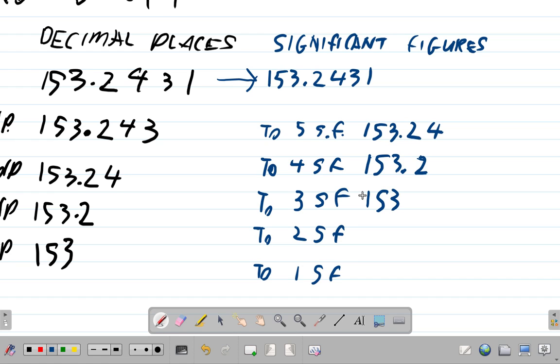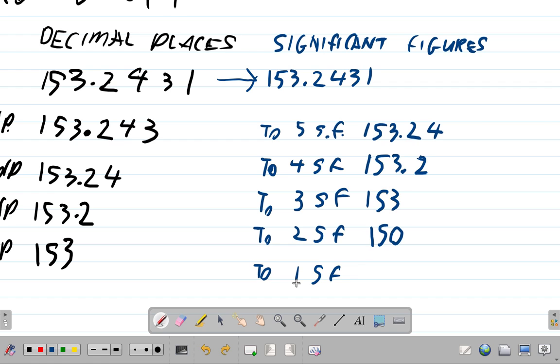I say, 15. No sir, that can't work. To 2 significant figures, if you say it's 100 and odd, whatever number of significant figures you write, it should still be 100 and odd. So to 2 significant figures, it is 150. You must keep this 0 here to still show the size of the number. You write 150. It was in the hundreds, you keep it in the hundreds.